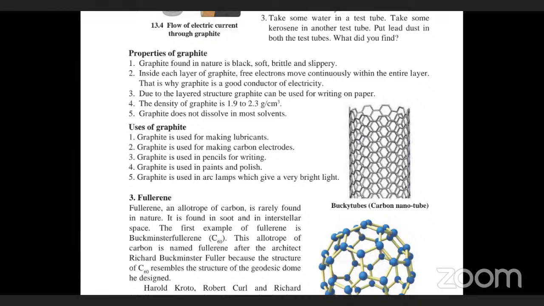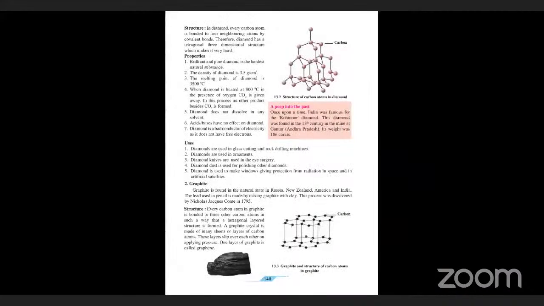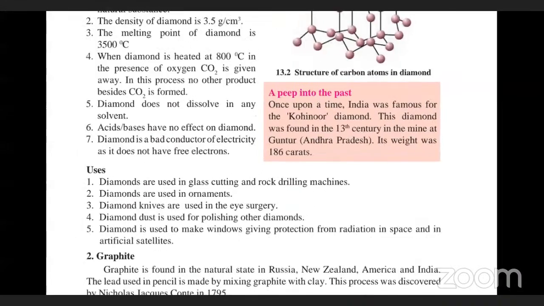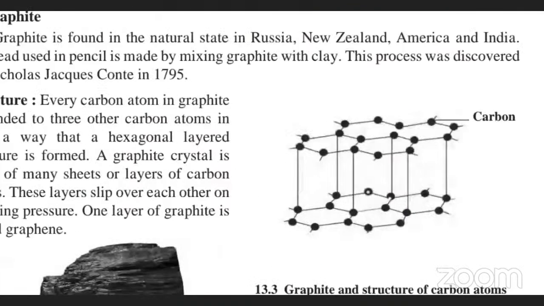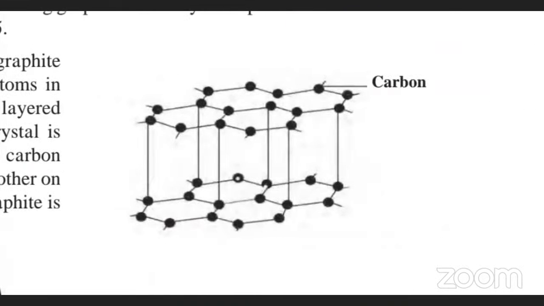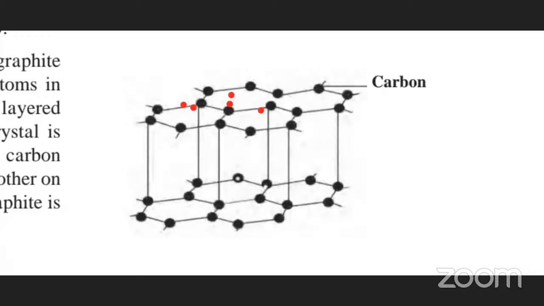Okay, and these free electrons are going to move in the layers. They are not going to jump from one layer to another, because we know that graphite is a layered structure. If electrons are present here, they are going to move in this particular layer only.